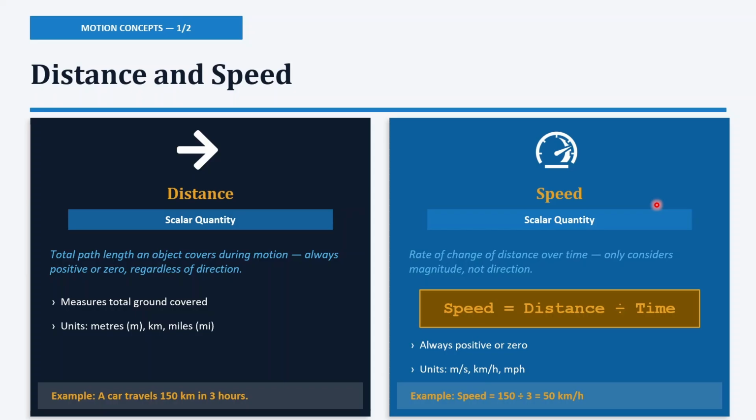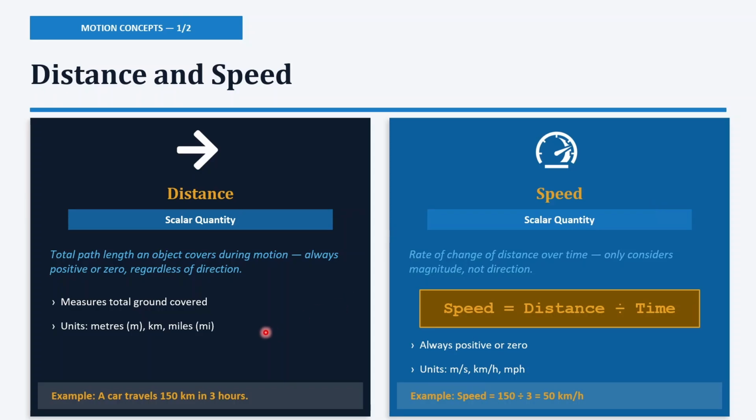One of them is distance, the second is speed. So if you kick the ball from one position to another, let's say from the center circle on a pitch towards the goal, we can ask how far did the ball travel? That is a distance.